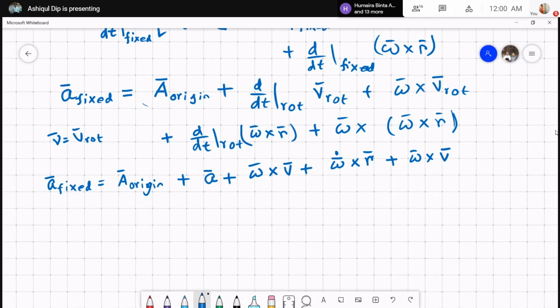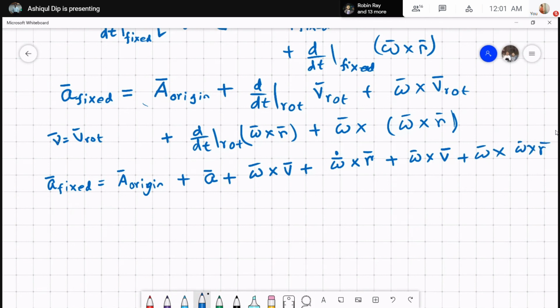I'm done with my calculation; I did not have any plain V earlier, I always had V dot or V fixed, so I can drop the rot one. Plus omega cross r.